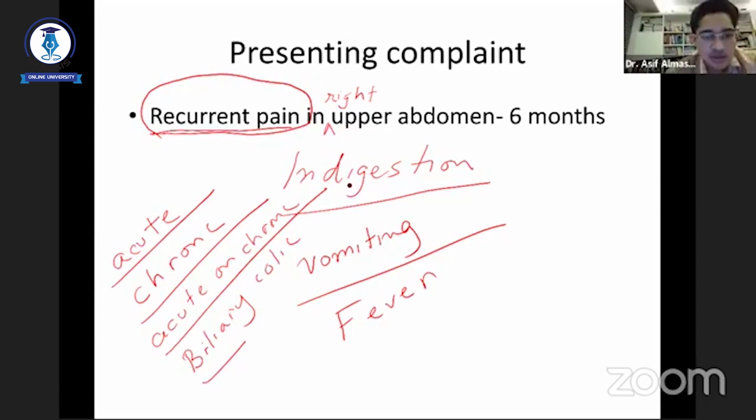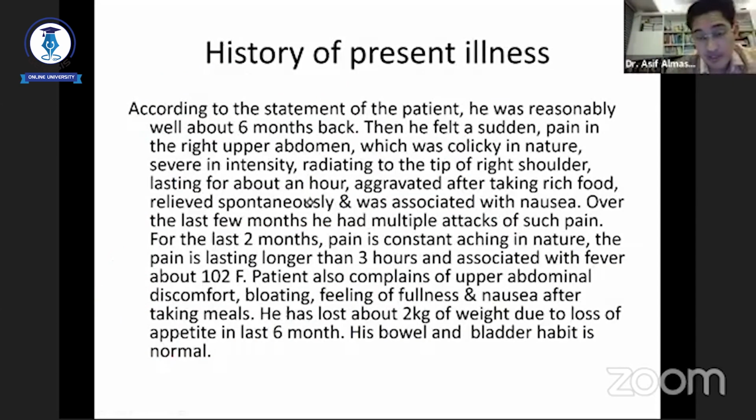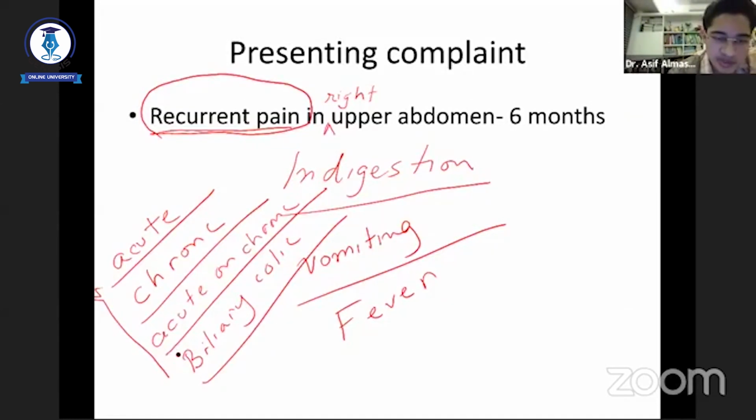So these are actually the 4 presentations that the patient may come to you with. But I have tried to incorporate all of them here. I will discuss them individually. Usually, the first time the patient is having the pain, it is biliary colic.